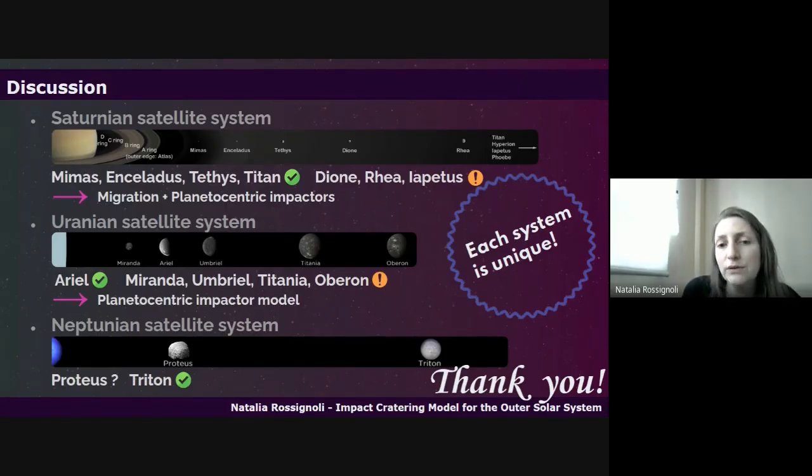The crater counts that we use are from publications between 1990 and 2007. This year another author published a crater count for a very specific area, which is not representative of the whole satellite. People tend to work with these and rely on the crater counts and the expertise of the scientists who made them.